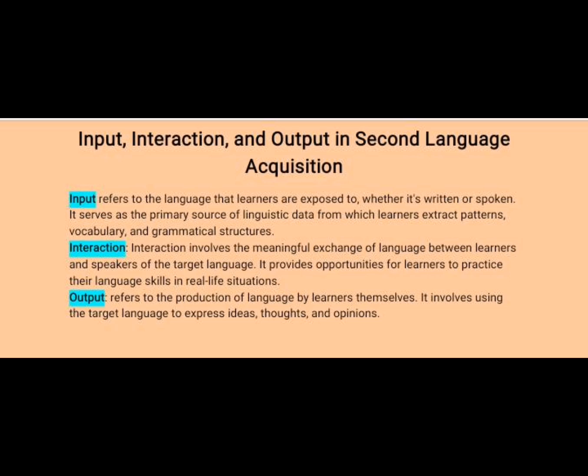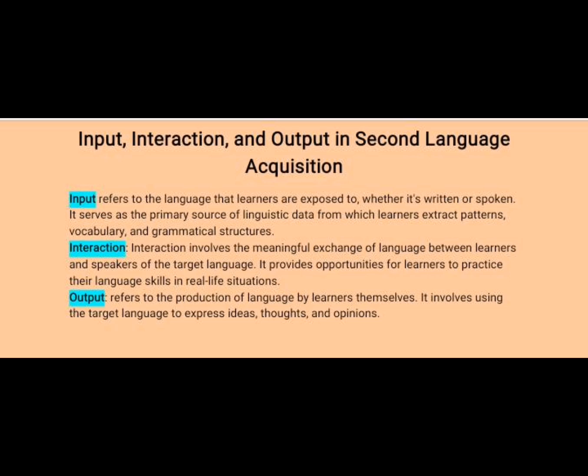The first theory is the input, interaction, and output in second language acquisition. Like what I said earlier, input refers to the language that learners are exposed to, whether it is written or spoken. It also serves as a primary source of linguistic data from which learners extract patterns, vocabulary, and grammatical structures.